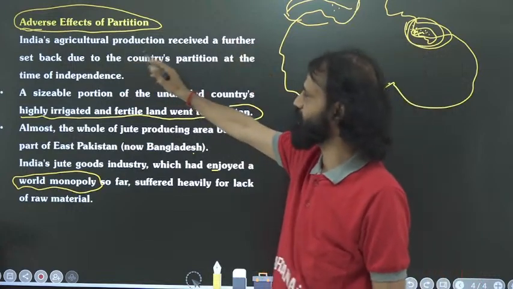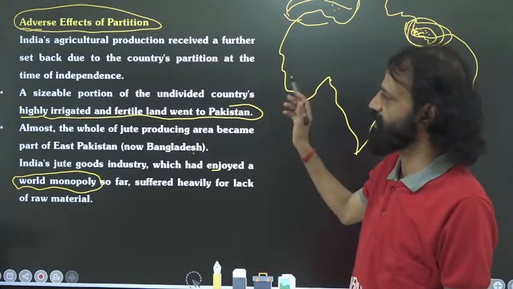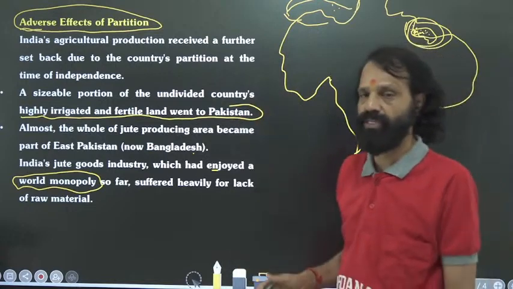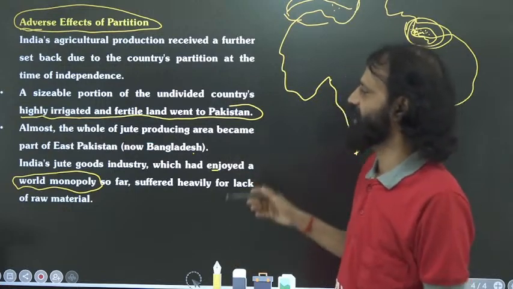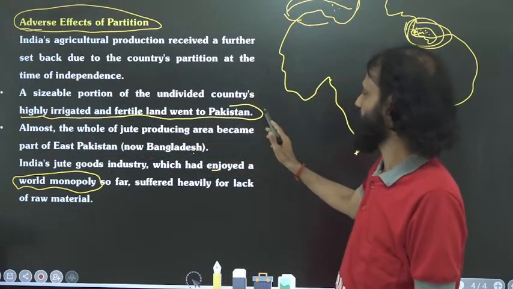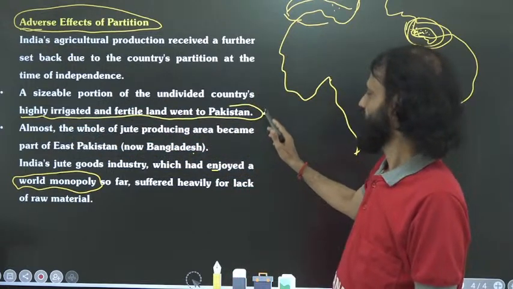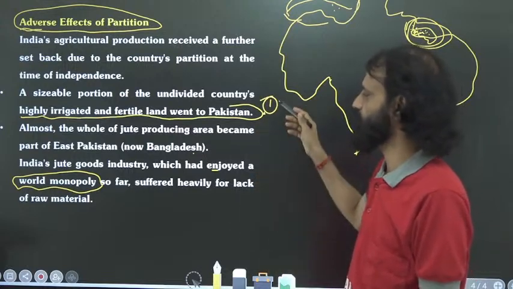India's agricultural production received a further setback due to the country's partition at the time of independence. So the main points are: highly irrigated and fertile land went to Pakistan. That is the first point, the main point you need to understand.